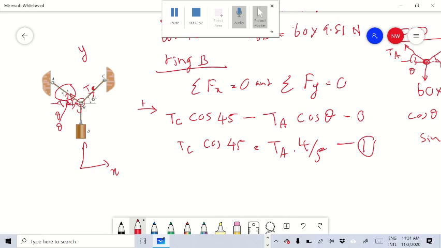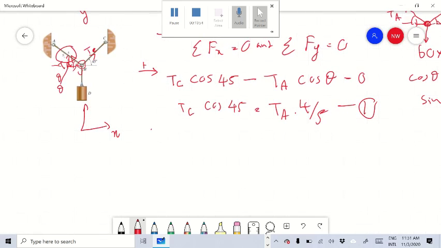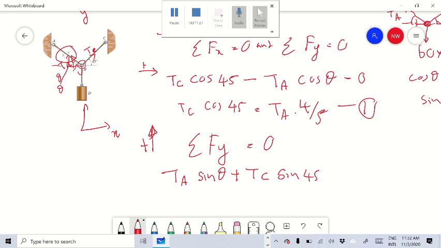Then we write the forces in y direction. I say this is the positive y direction, so sigma Fy is equal to 0, right? What are the forces in y direction? If we take this force, what is the resolvent in y direction? TA sin theta, and this one also in positive y direction, plus TC sin 45.